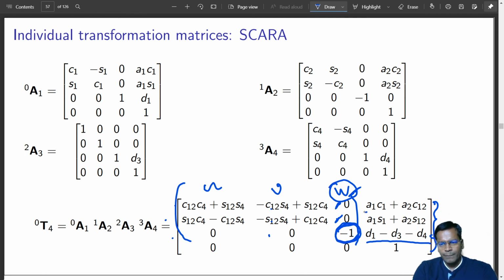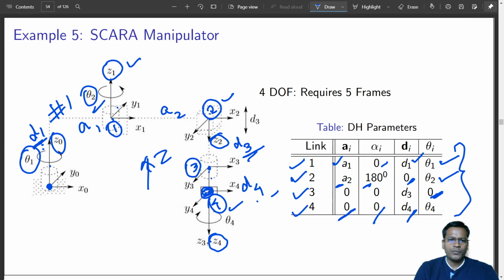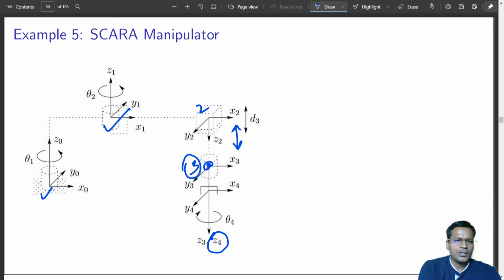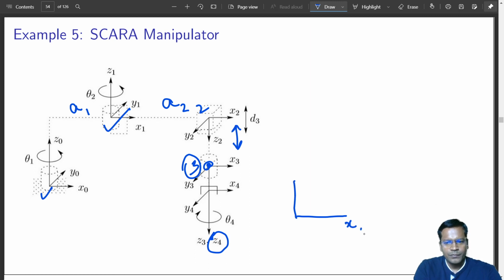You see it is a1 c1 plus a2 c12. Looking from the top, if you see your robot from the top, how does it look like? Let me show you something less clumsy. So this was your link A1, this is your link A2. Looking from the top, if this is your x-axis, this is your y-axis, x0 y0.